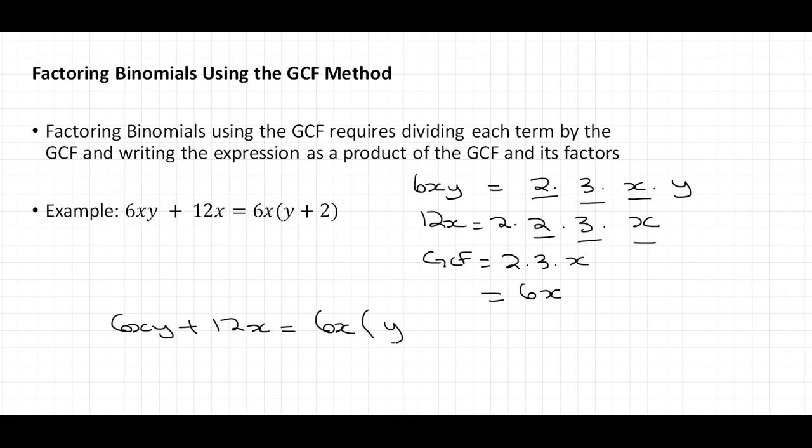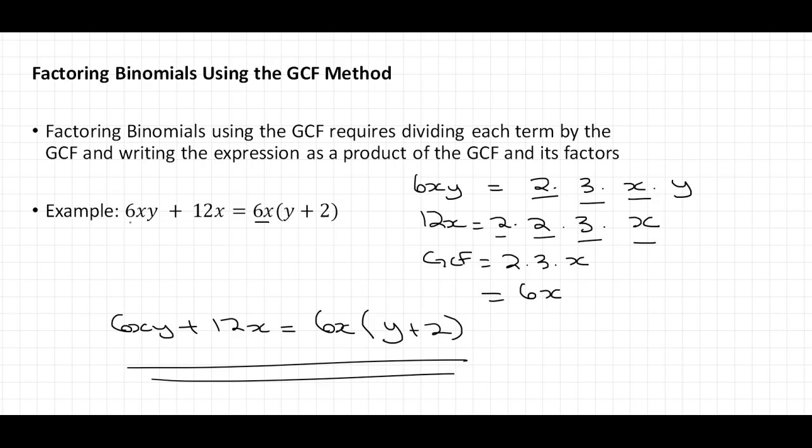It's going to be y. Now for 12x, the other factor is going to be 2, so plus 2. So 6xy plus 12x is the same as 6x multiplied by y plus 2.